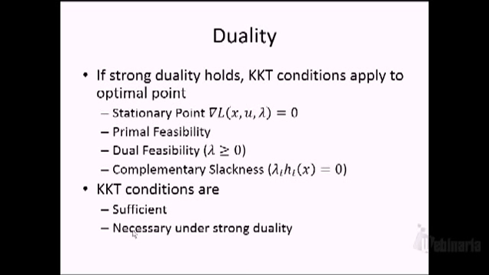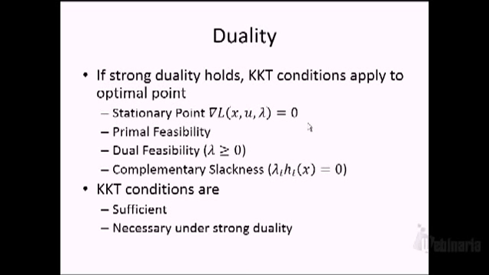If strong duality holds, KKT conditions apply to the optimal point. The first three conditions are kind of natural. So the point has to be a stationary point in the sense that the gradient of the Lagrangian has to be 0, the gradient with respect to both primal and dual variables.